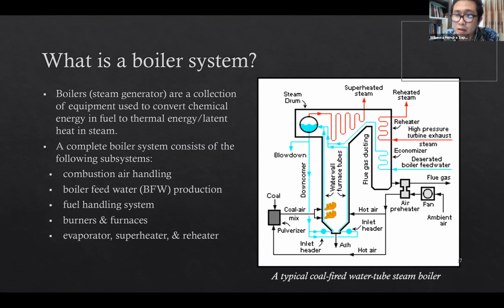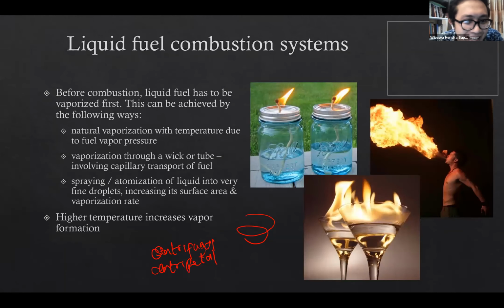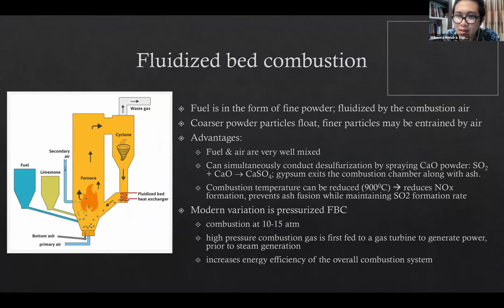The emissions from the pulverized coal and the stoker types of boilers are commonly very high, but as Pak Wawan says, you can use desulfurization units, an operation unit to remove or collect the sulfur in order to prevent the highest amount of sulfur being emitted from the process.